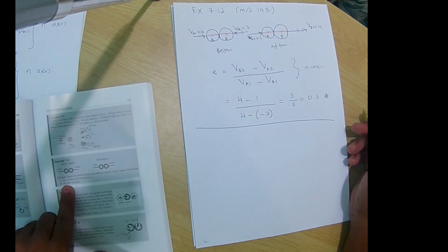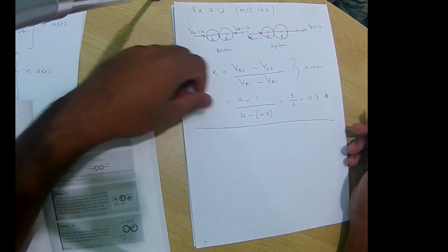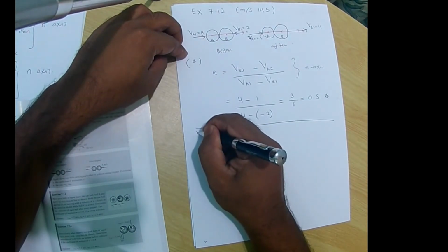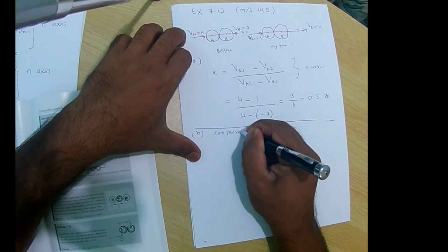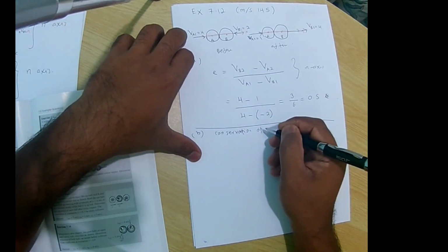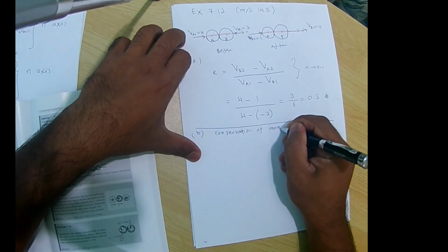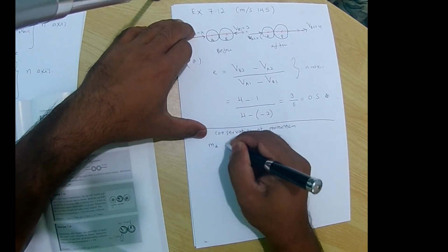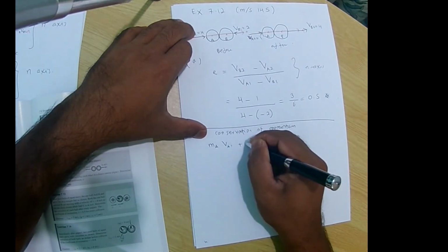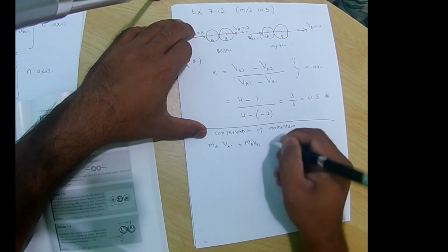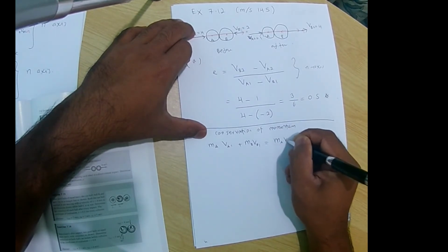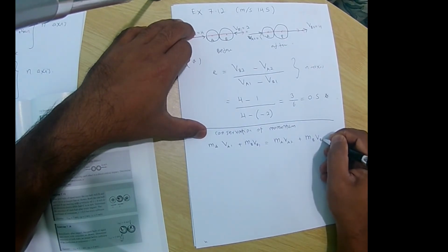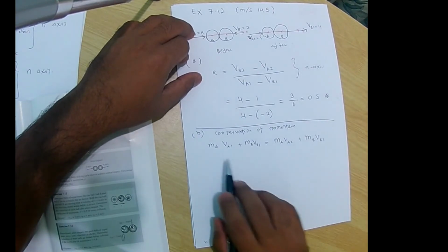The second question is the ratio between MA and MB. So of course we have to use conservation of momentum. This is part B. The equation: MA VA1 plus MB VB1 equal to MA VA2 plus MB VB2. We want to know the ratio between MA and MB.